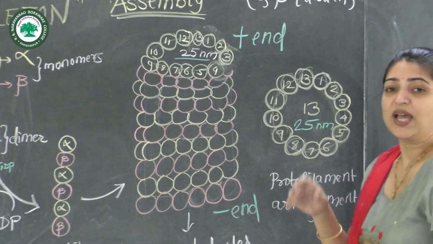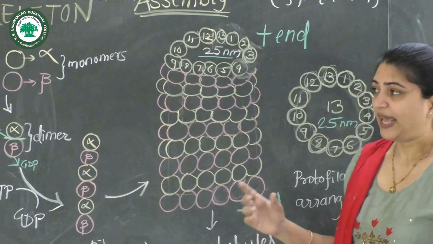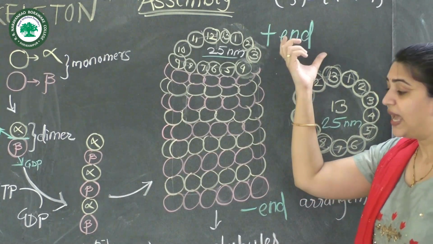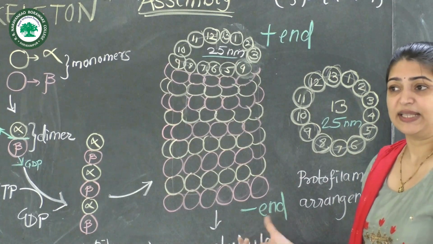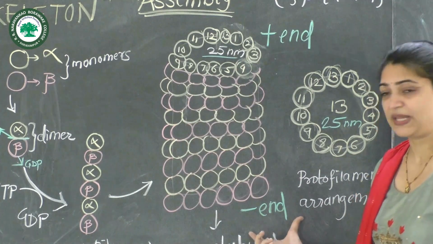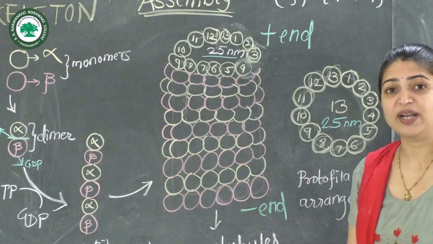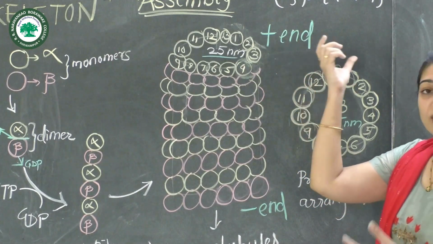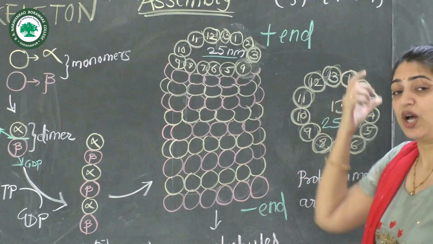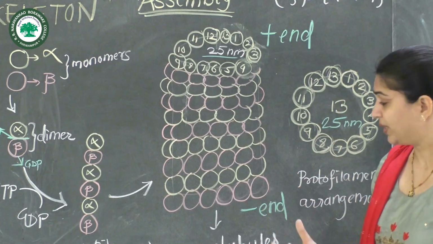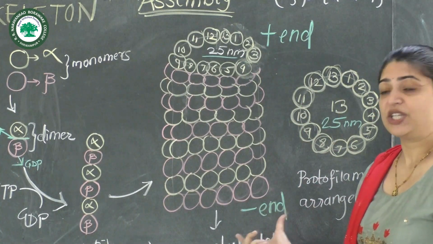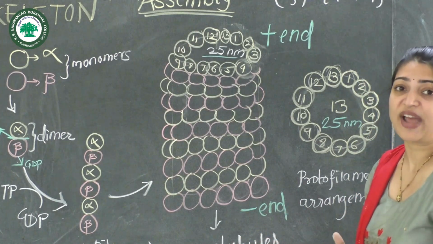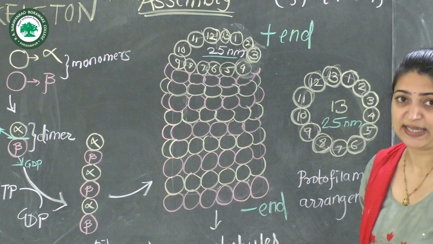So remember, polymerization, that is assembly, takes place at the plus end, and disassembly, that is depolymerization, takes place at the minus end. But remember, it is not always 100% that addition happens at the plus end. In minor quantity there is polymerization at the minus end also, but the rate of addition is very low.